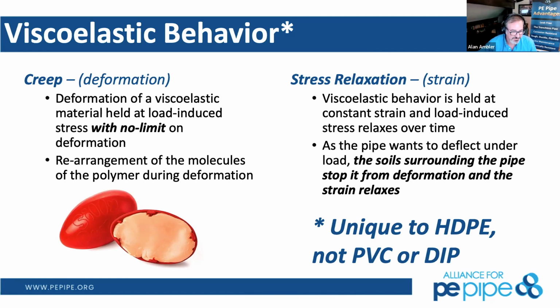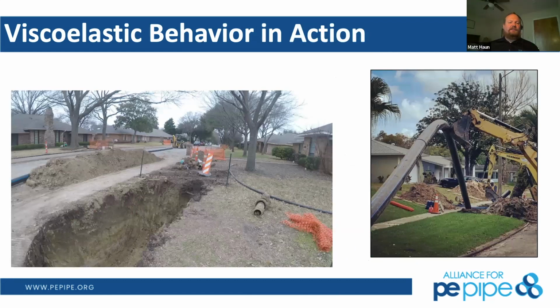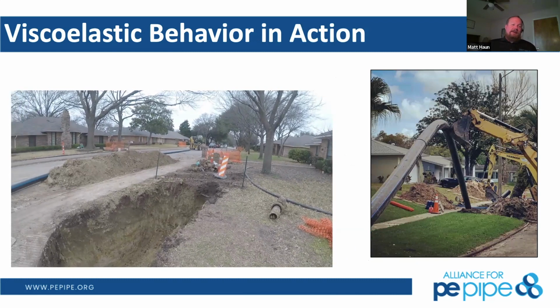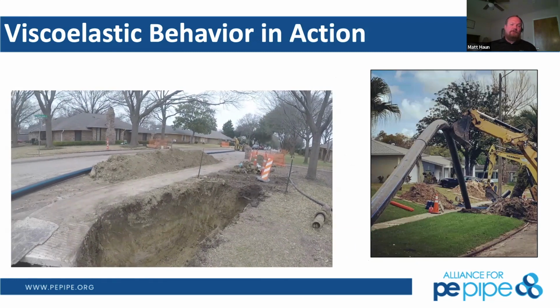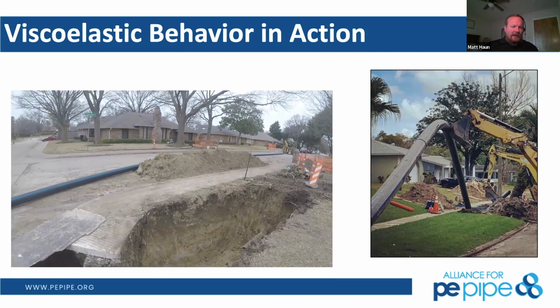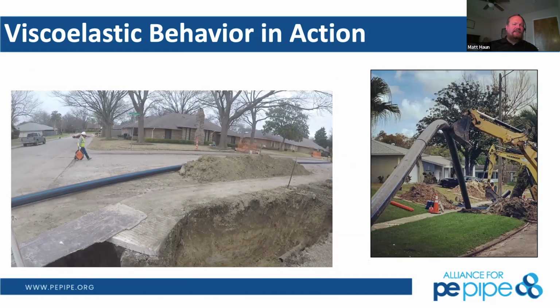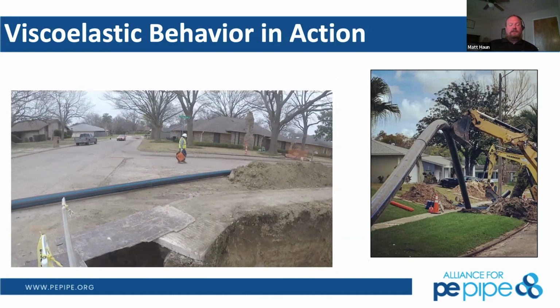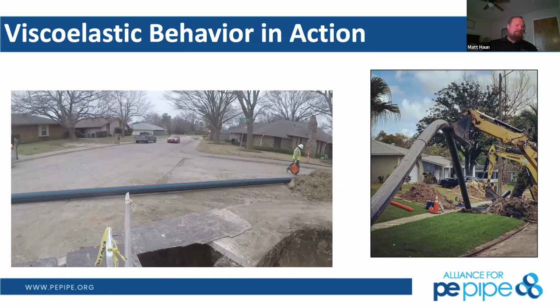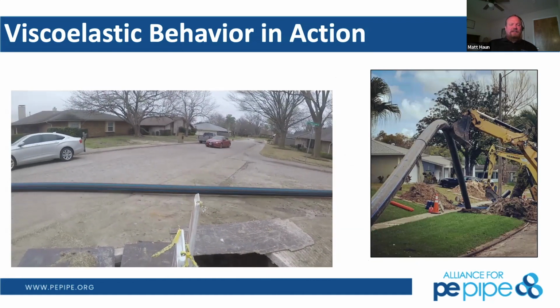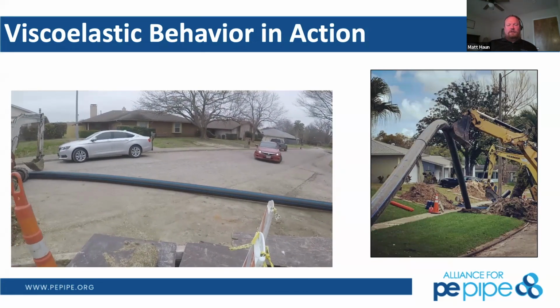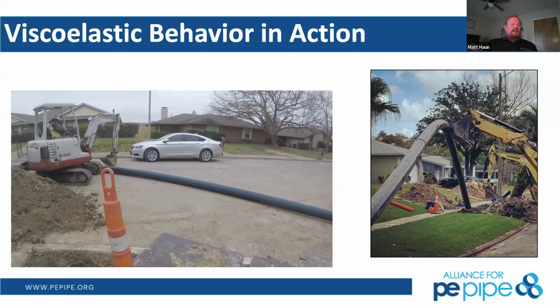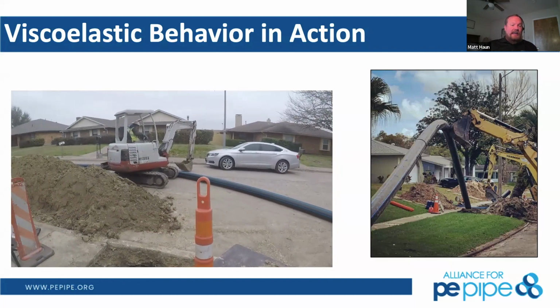Way to go. Excellent. So here's an example. We'll play this video real quick of one of those examples of viscoelastic behavioral reaction. And so this pipe, if you look closely, you can see that it's actually being dragged along this road surface. Maybe not necessarily something we recommend. You probably want to protect it from abrasion, but I mean, that just speaks to its robust nature.